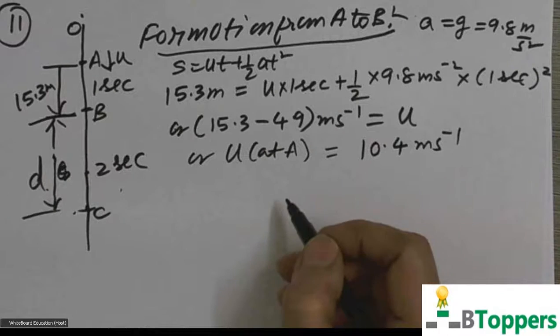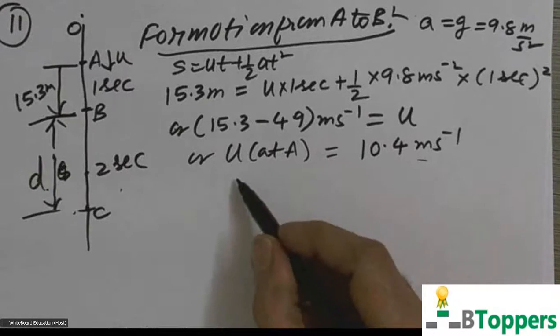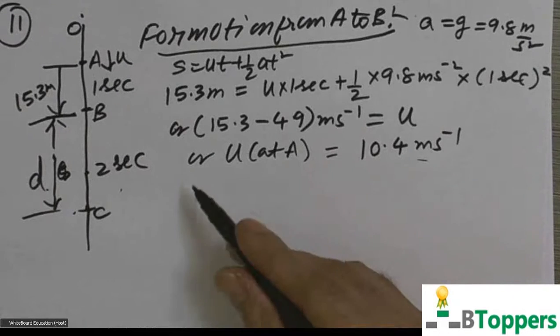So I get the velocity at the point A as 10.4 meters per second. Same will be the initial velocity at A when you consider the motion from A to C.